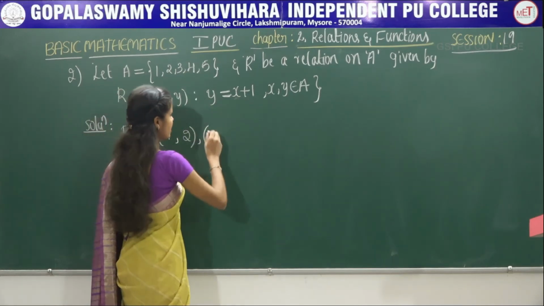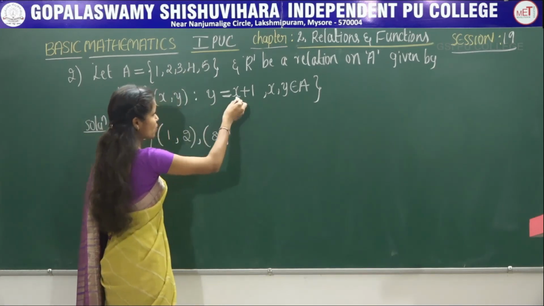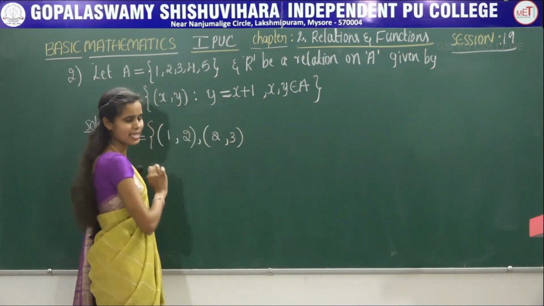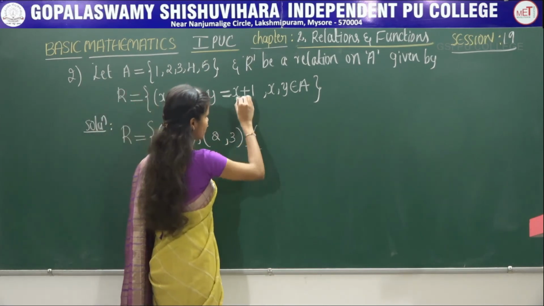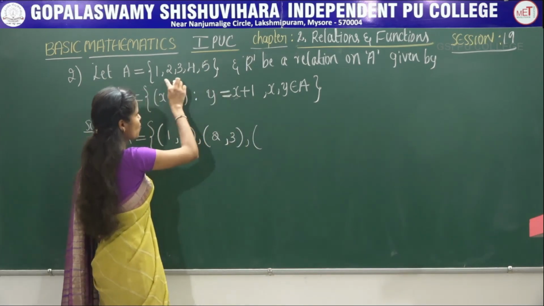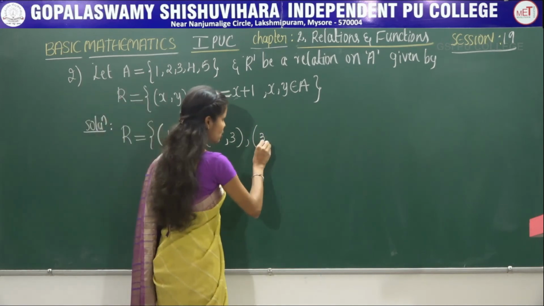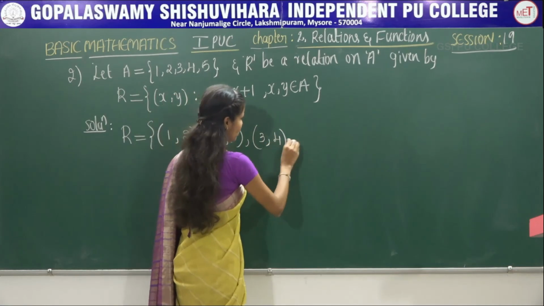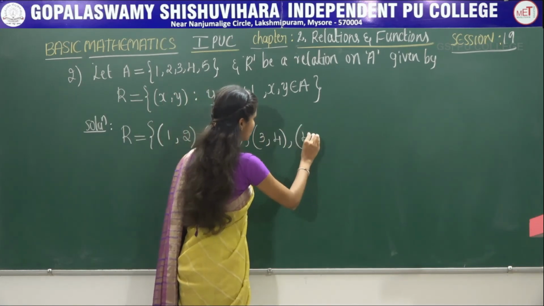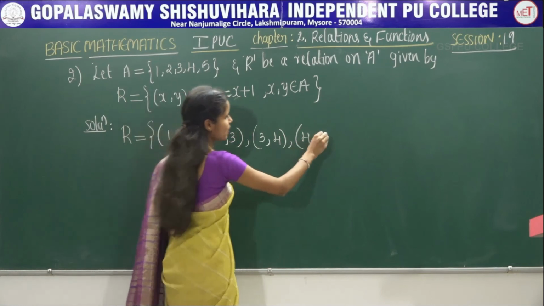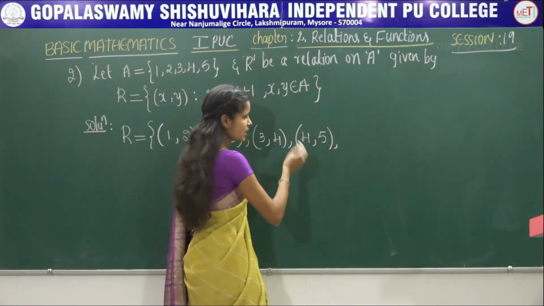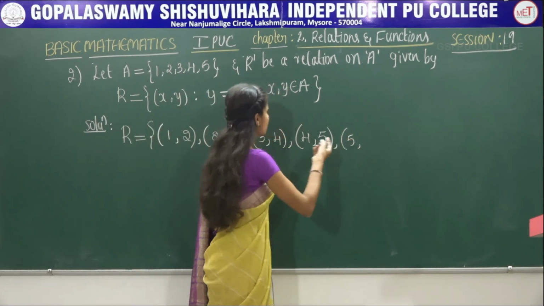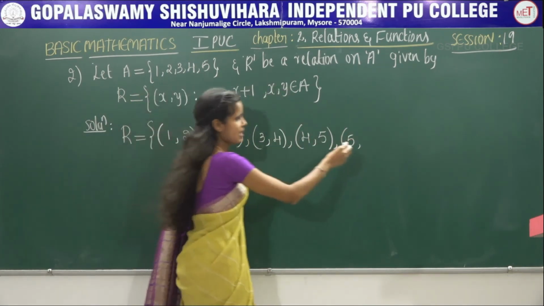Next, consider x is equal to 2. If x is equal to 2, then y is equal to 2 plus 1, that is 3. The ordered pair (2, 3) satisfies this condition. Next, put x is equal to 3, because x values are 1, 2, 3, 4, 5. If x is equal to 3, then y is equal to 4. If x is equal to 4, then y is equal to 4 plus 1, that is 5. If x is equal to 5, then y becomes 5 plus 1, that is 6.